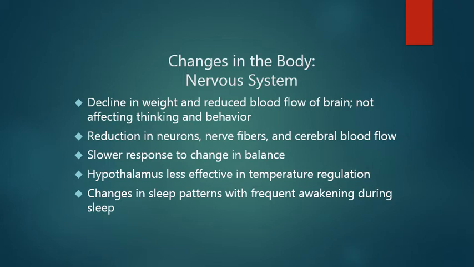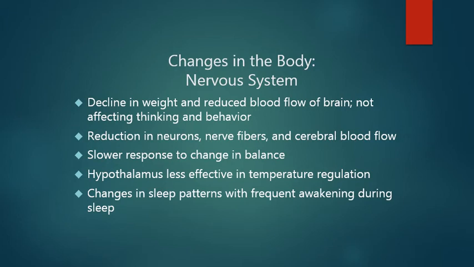But this transition in the cells reduces the neurons, nerve fibers, and cerebral blood flow. And there's a slower response to change in balance. And we'll look at a farmer in some of the videos that we're going to post, and you'll hear them talk about how they have not failed, but they do have an altered balance. And you'll listen to them describe that to you.